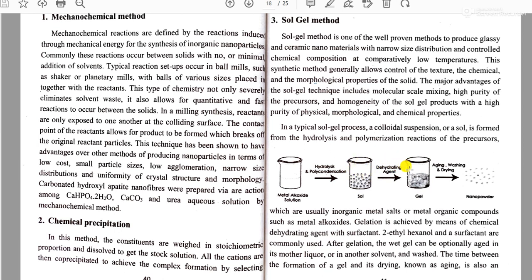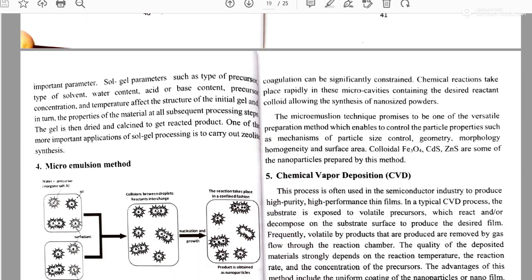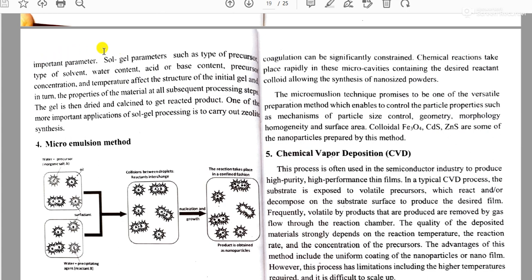So after this gelation, we keep this thing inside the mother liquor for some time, or we transfer it to another solvent, and it is then washed. So this is the process of aging. So the time between the formation of a gel and its drying, known as aging, is also an important parameter. So the time we allot for this step, for aging process, is also an important parameter.